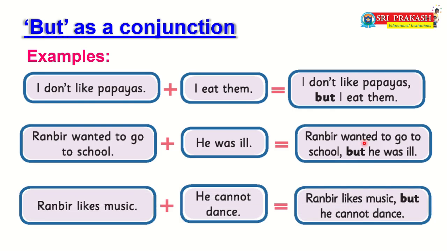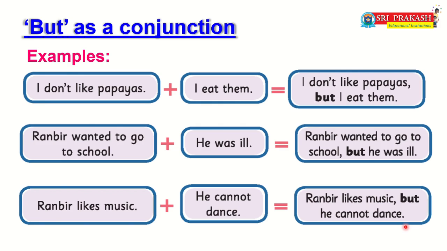Next example. Ranbir likes music. He cannot dance. These two are also different ideas or contrasting ideas. So we join them by using but. Ranbir likes music, but he cannot dance.